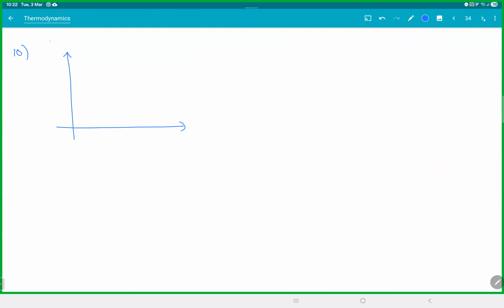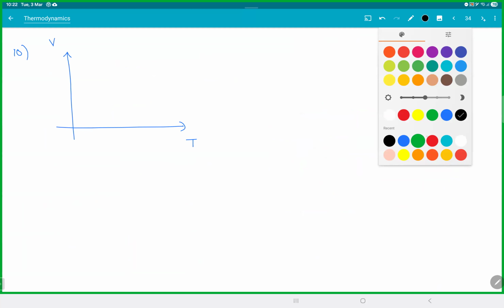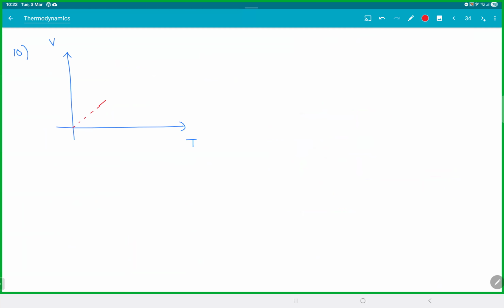But let's say this is a VT graph. So every time we won't give you PV graphs. T naught, 2 T naught, V naught, 2 V naught. n is equal to 1, helium gas.